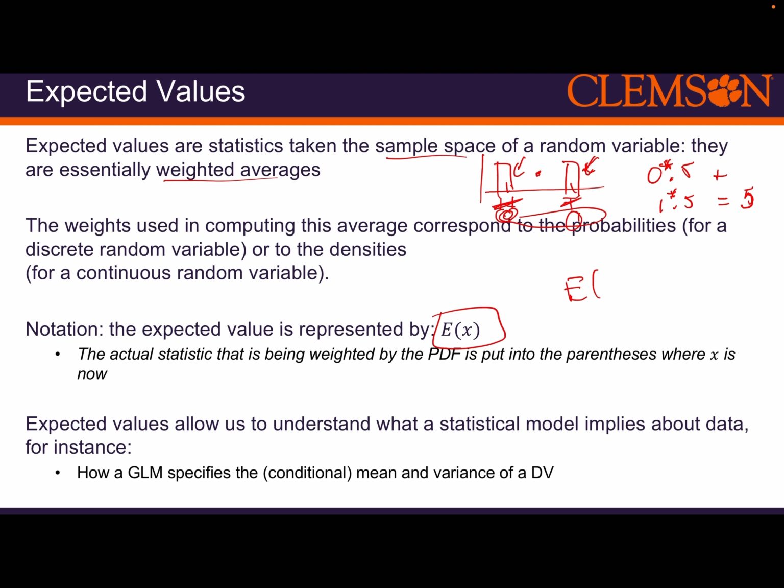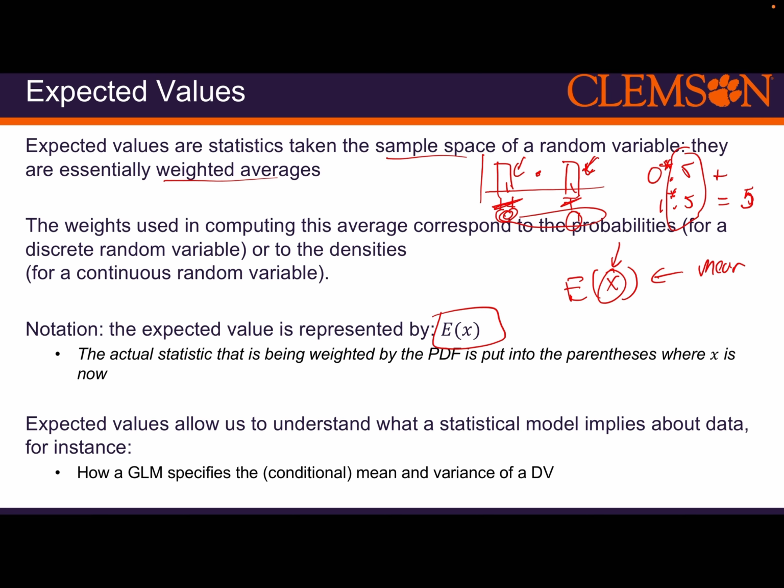E represents an expectation, and in the middle is what we do to X. When we just put X by itself, this is literally like taking the mean. But what we're going to see in just a slide is that we can actually take other statistics or other transformations of this and still apply the weighting function that we saw right here, weighting by probability mass, and we get things like variances or covariances.